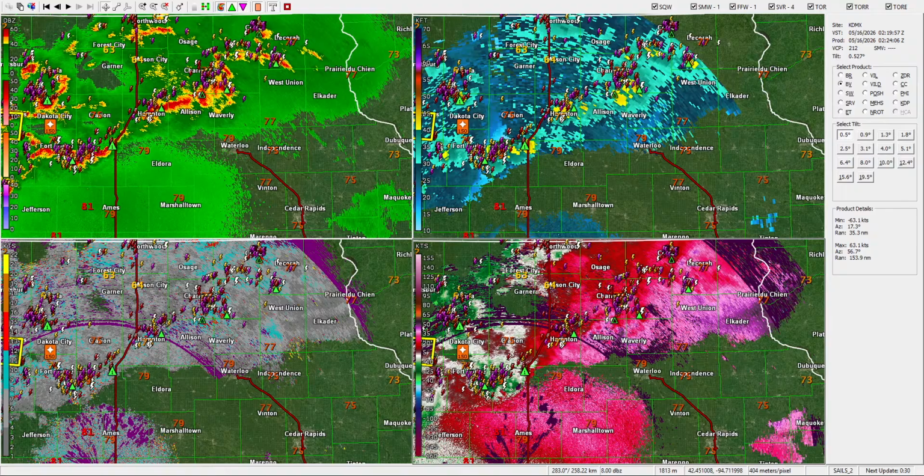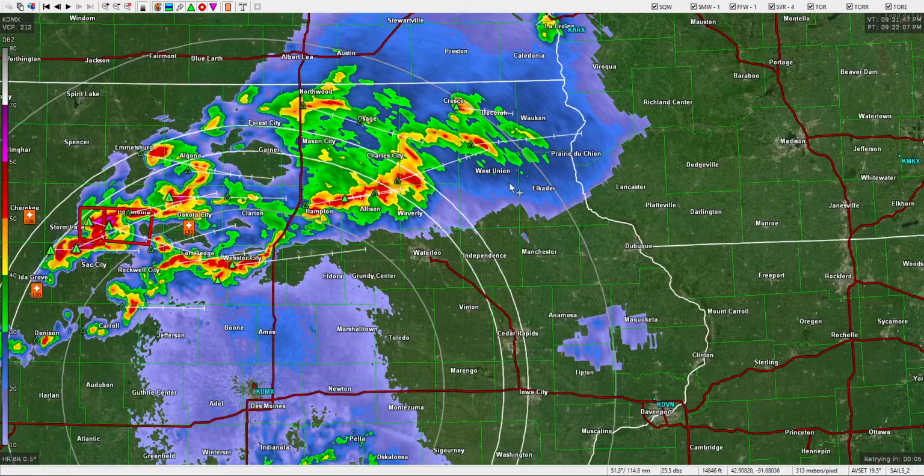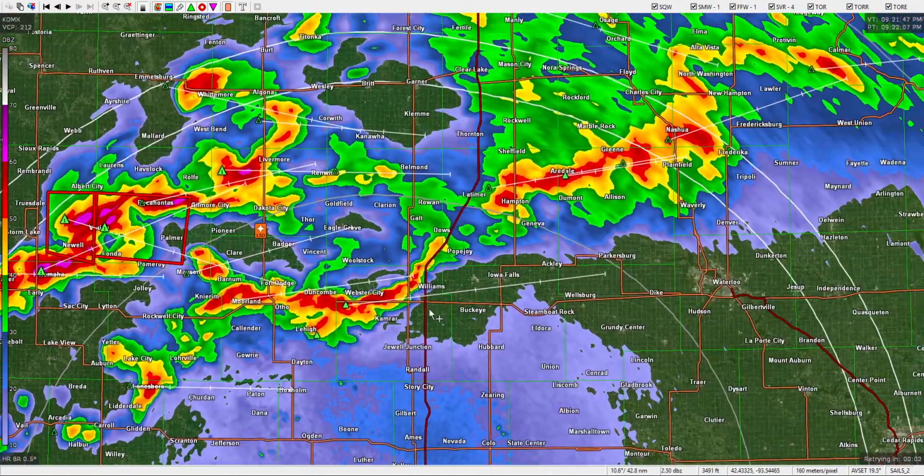Let's pull up the GR3. Take a look at where we're at in terms of precip.